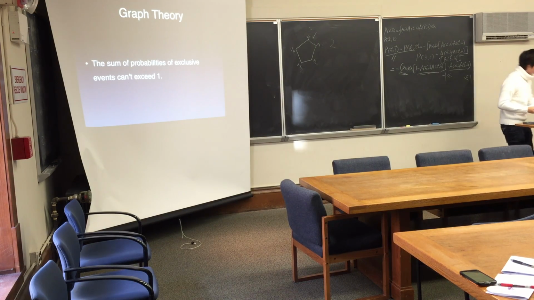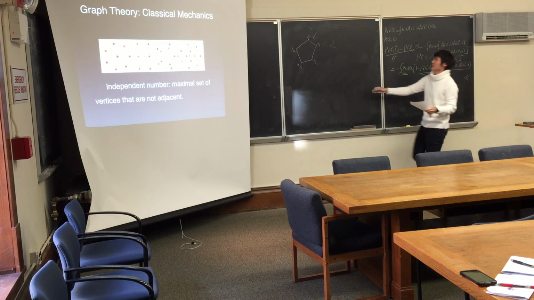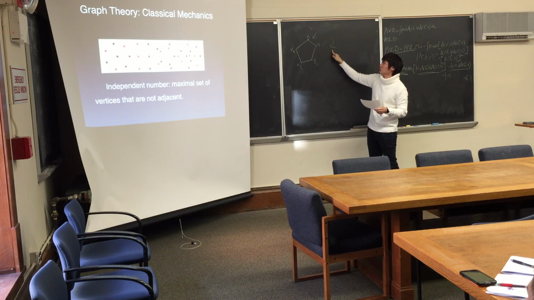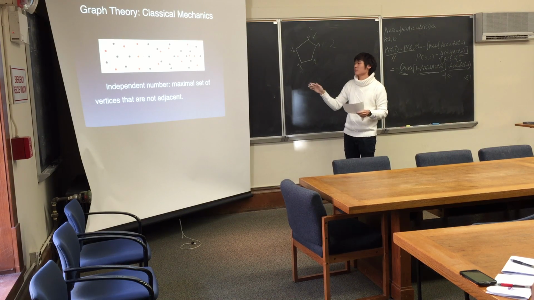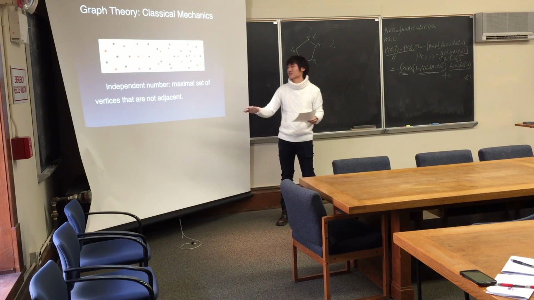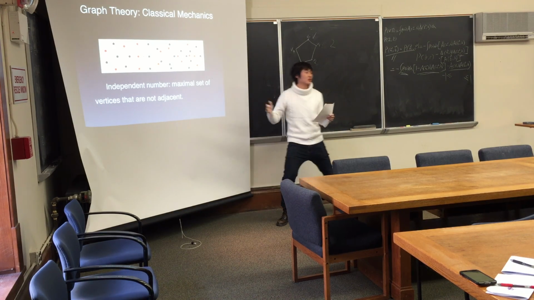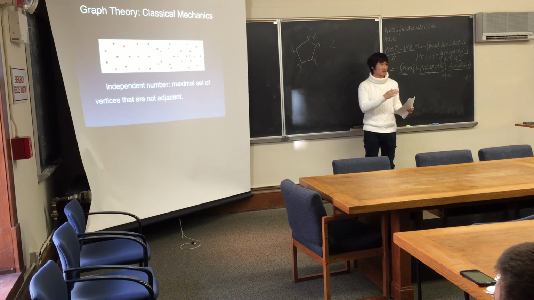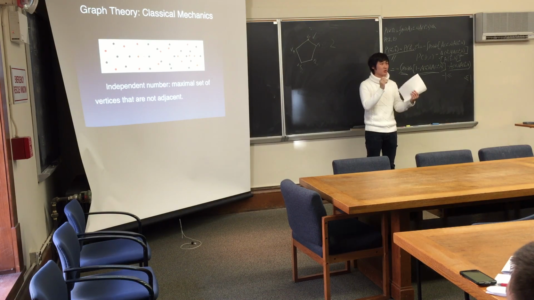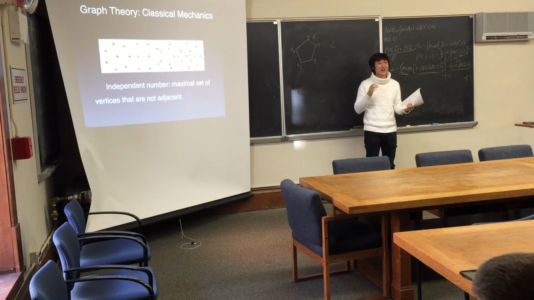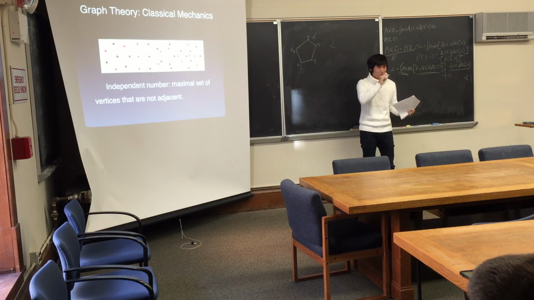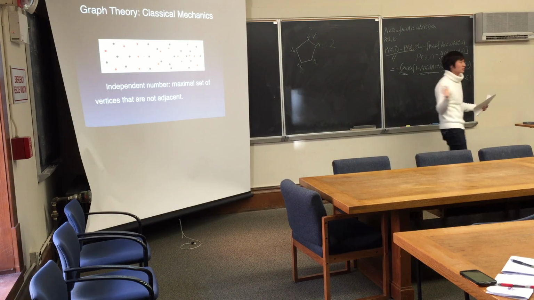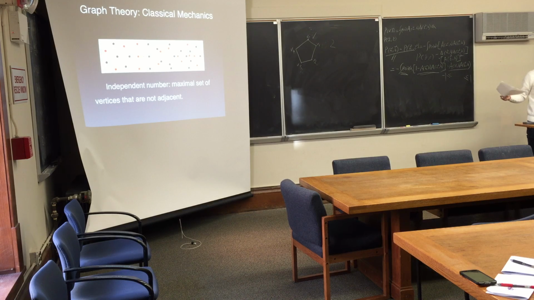It just happened that for this specific graph, this 2 is really the definition of the independence number, which means the maximal set of vertices that are not adjacent. Because they are not adjacent, you can always let them all happen, and it doesn't affect you. There's no way to violate the exclusive principle there. Any questions before I go? So that's almost trivial, right?